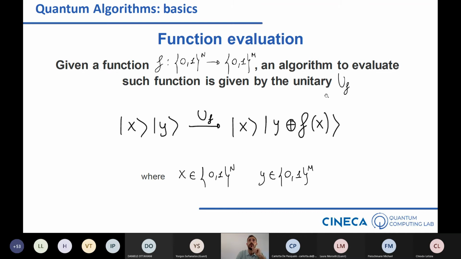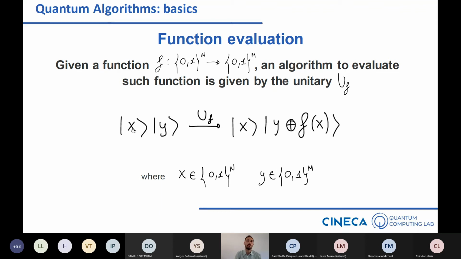Okay, so a unitary that realizes quantumly the function f is something defined in this way, whose action is defined in this way.